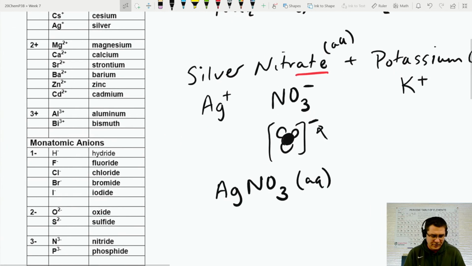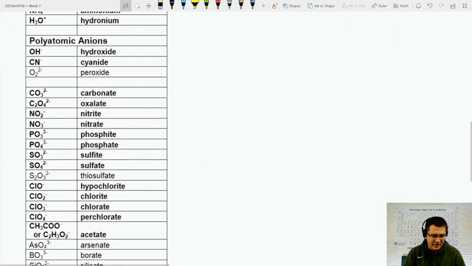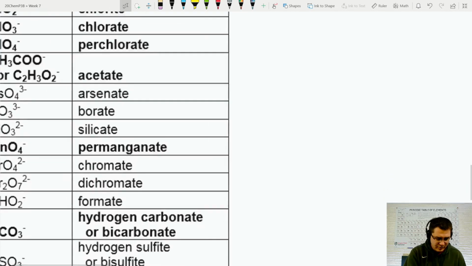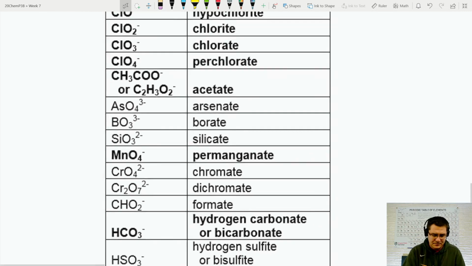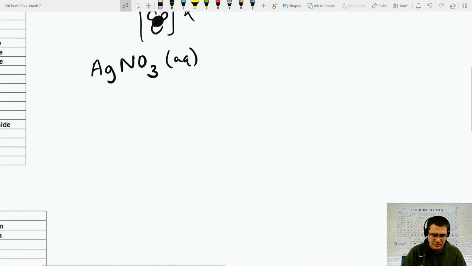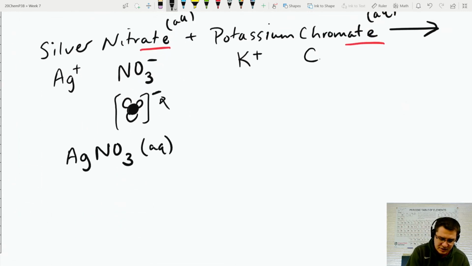Chromate, I'm going to refer to my polyatomic ions and look for chromate. So it's CrO4 2 minus. Those are the atoms involved, right? 1 chromium, 4 oxygens. Collectively, that ion, CrO4, has a 2 minus charge.